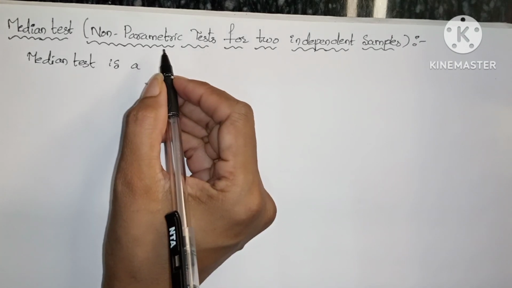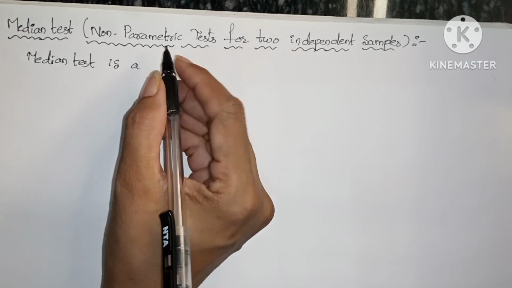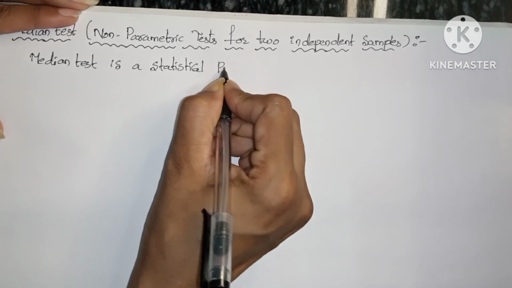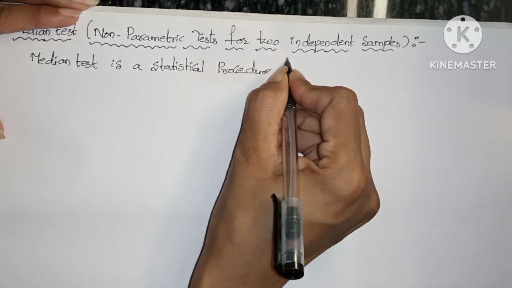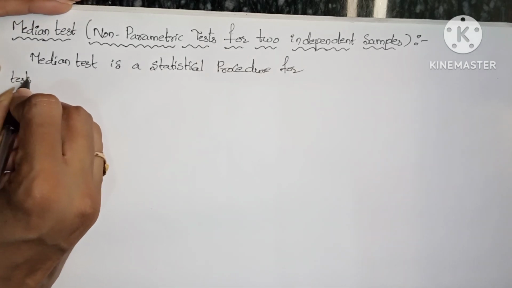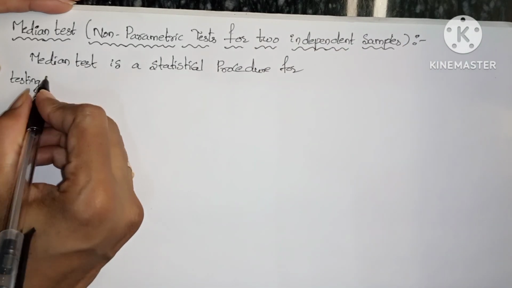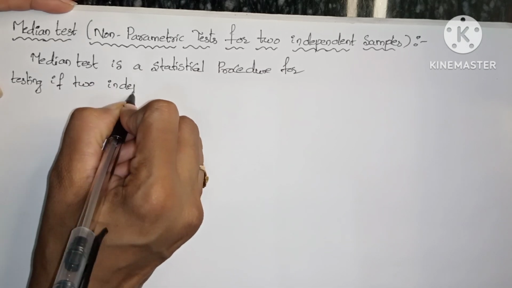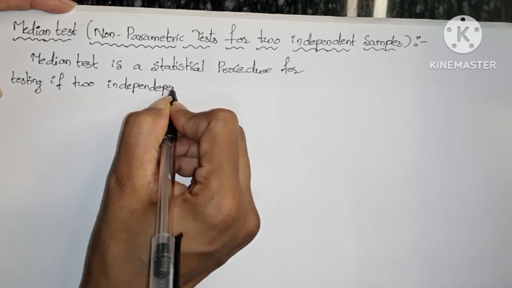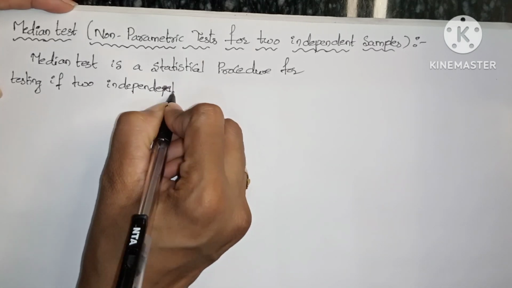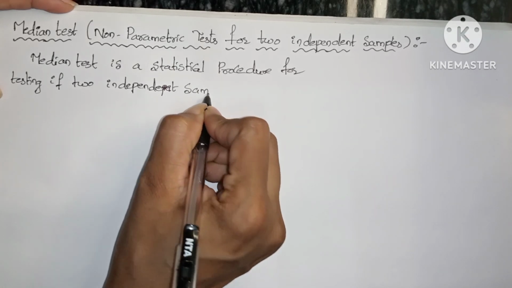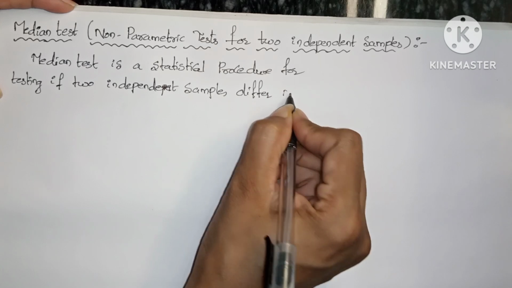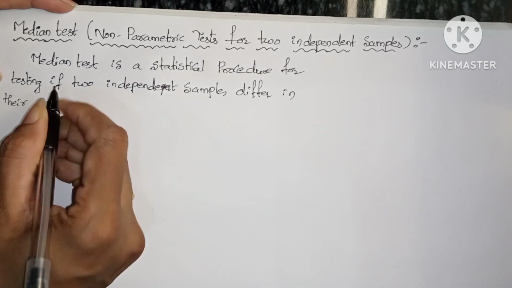We all know that this is a method in statistics, so that's why it is called a statistical procedure for testing if two independent samples differ in their central tendency.